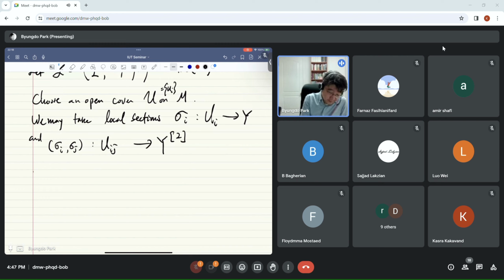So then consider this diagram: Uij goes to this two-fold fiber product Y, and then there's the line bundle L over this two-fold fiber product.